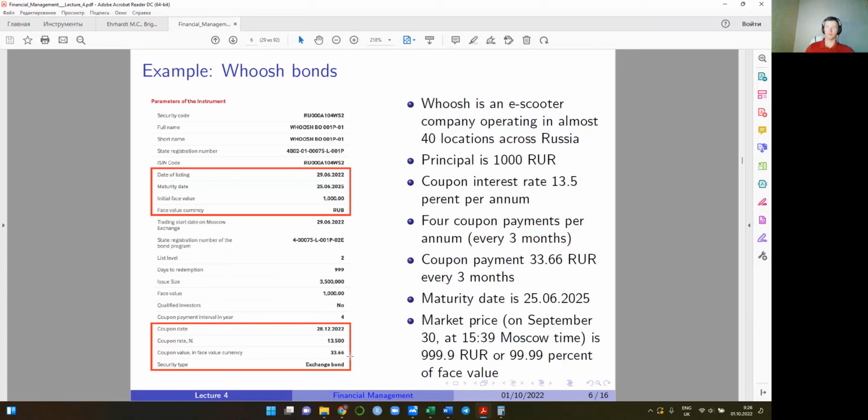Because if you want to buy, you need to place an order on the stock exchange. And in that order, you need to specify what price you are ready to pay. And this is exactly the question of bond valuation. How should we determine the price that we are ready to pay for this bond?